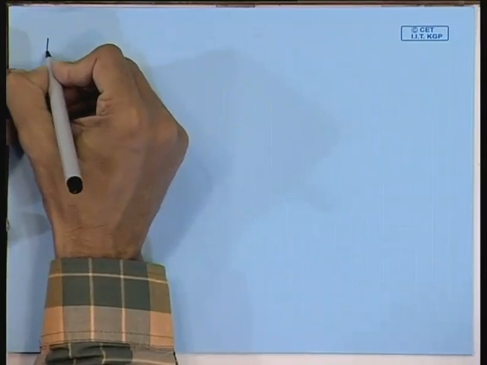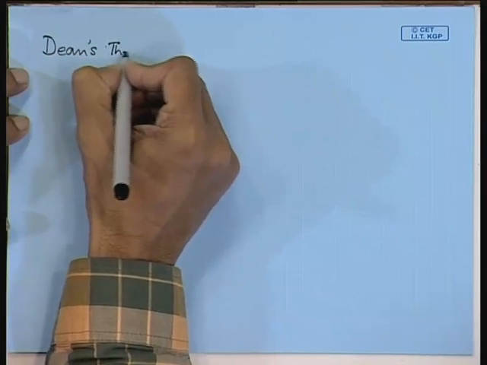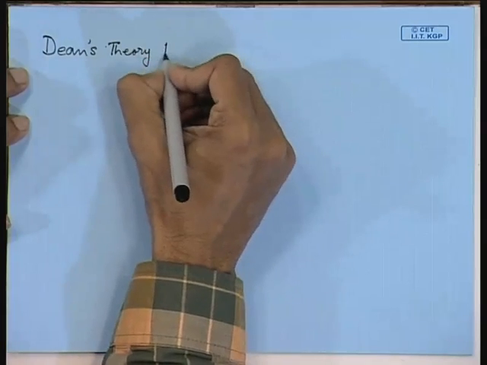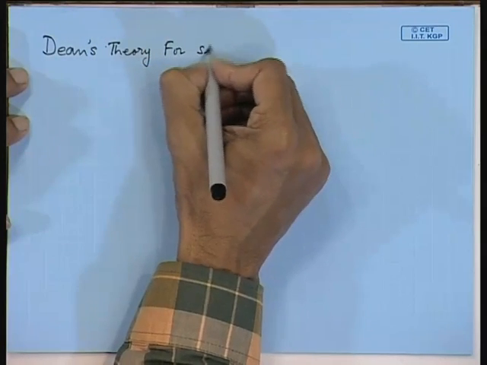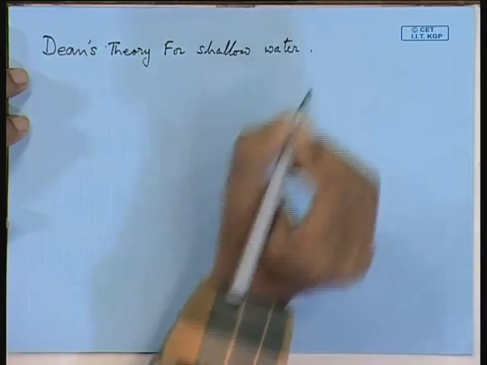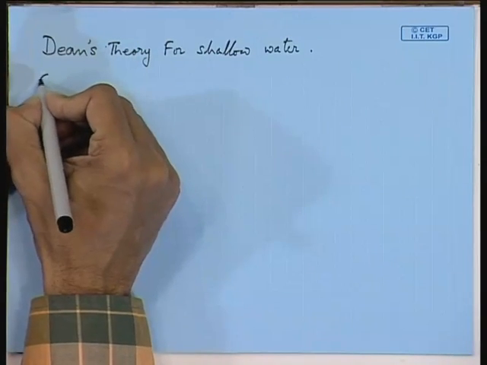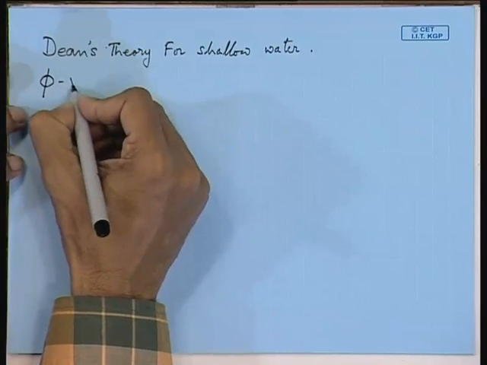Now, Dean further said that when there is shallow water, the Stokes equations are more complicated. So this is called Dean's theory, Dean's theory for shallow water. In this theory you do not use the velocity potential, phi.